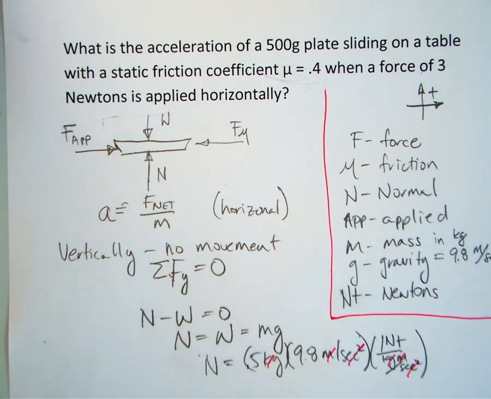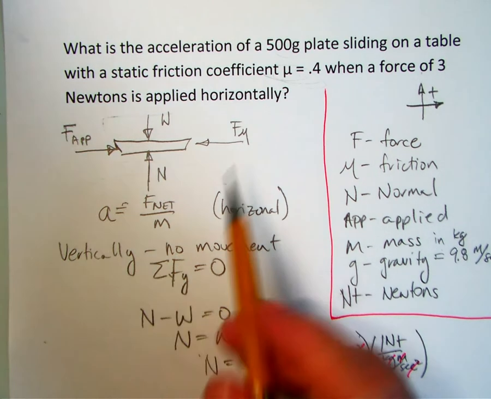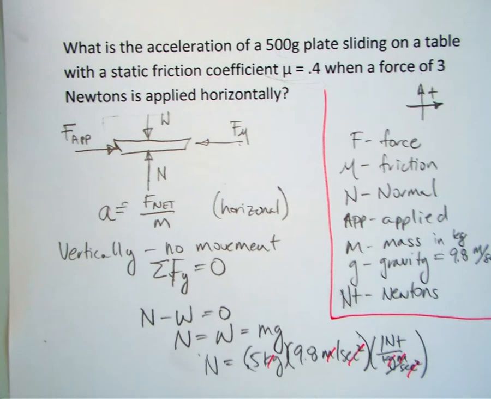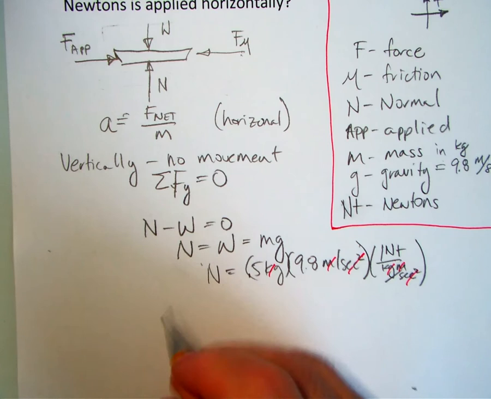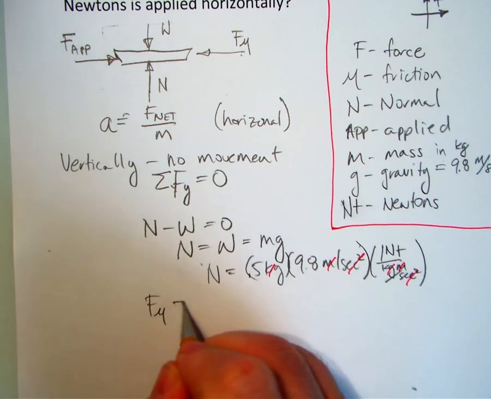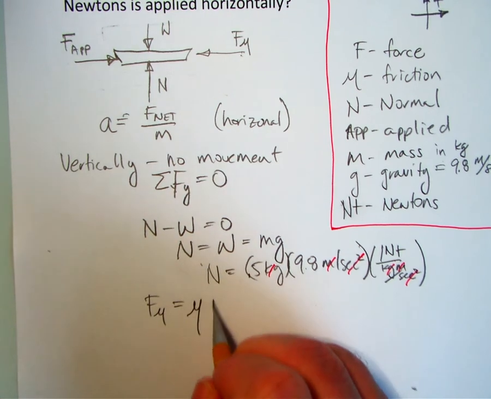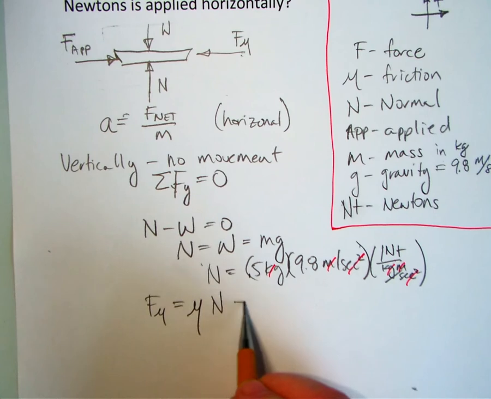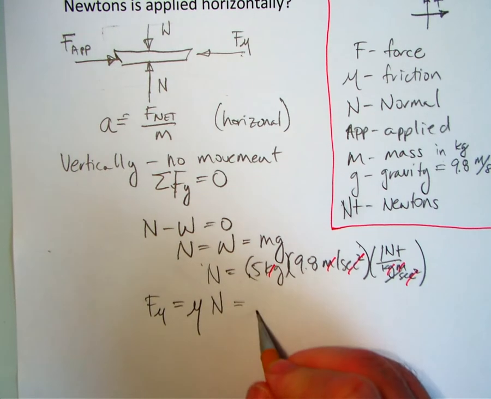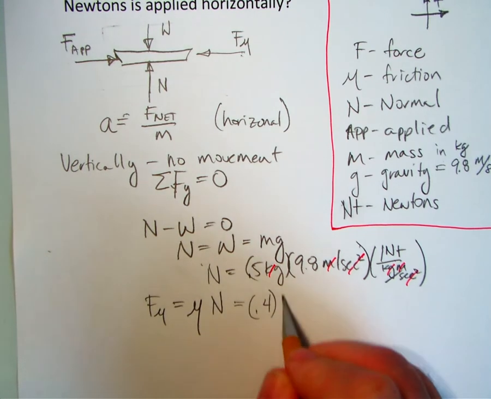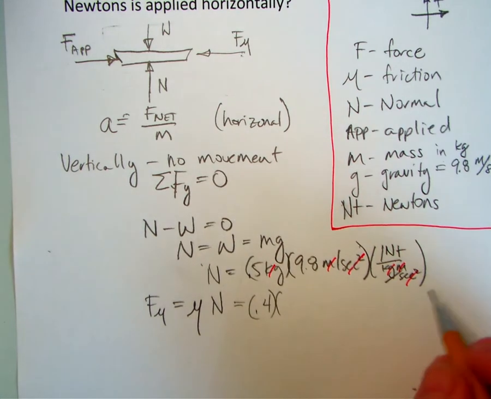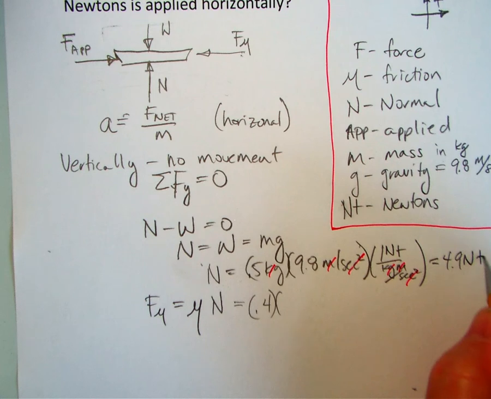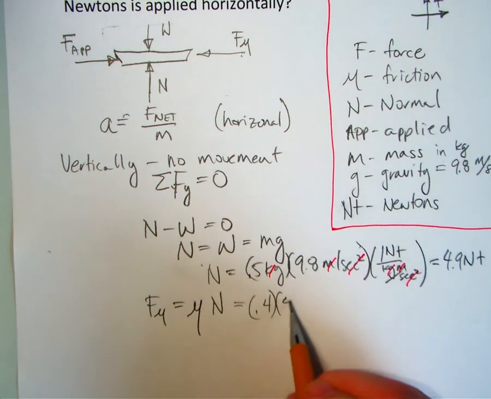And once we know the normal force, then we can start figuring out what this friction force is. Remember we said in class, okay, that the friction force is equal to the mu times the normal force. Okay? So that's pretty easy. We say 0.4, okay, times this up here, and that actually calculated out to be 4.9 newtons, okay, times 4.9 newtons.